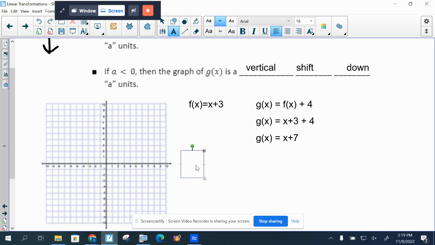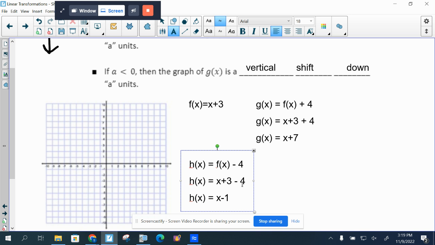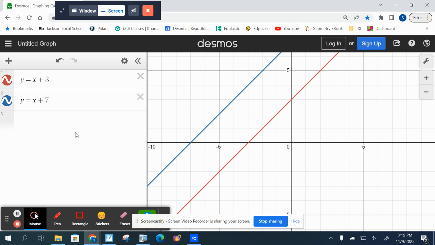Now let's see what happens if we have a different rule. You still have the same f of x, but now h of x is going to be f of x minus 4. So this will look like x plus 3 and then minus 4. And then I would simplify that as x minus 1 because 3 minus 4 is negative 1. So now I'm going to type that into the third line.